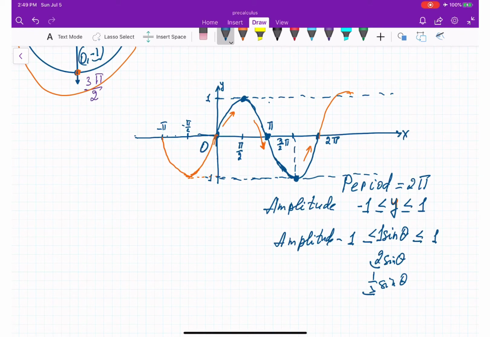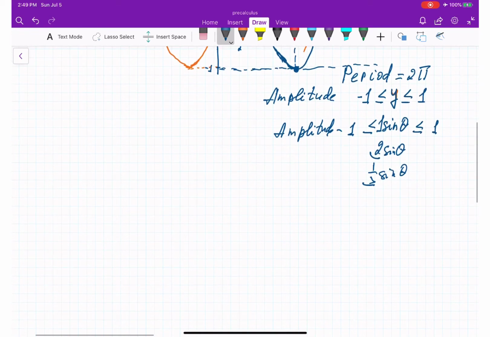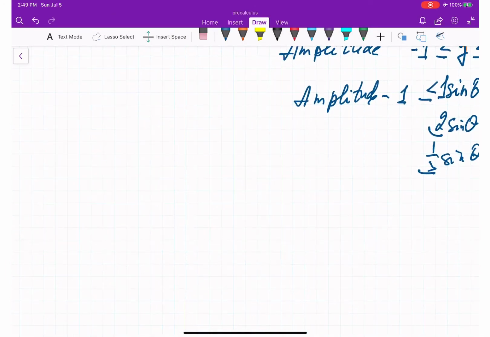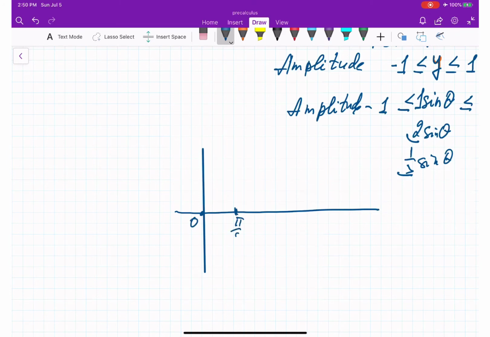Next, let's build cosine theta. Here we have 0, 1, 2, 3. This is pi over 2. 1, 2, 3, it's going to be pi. 1, 2, 3, 3 pi over 2, 270 degrees.